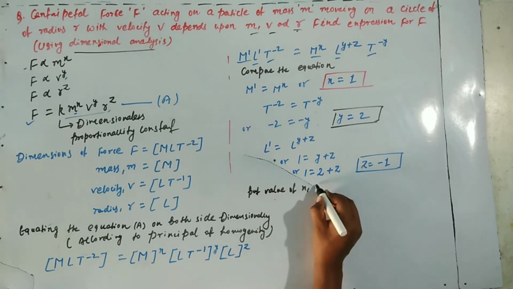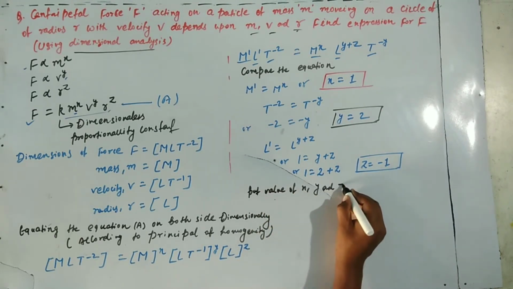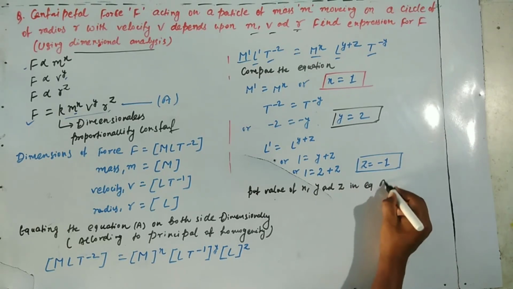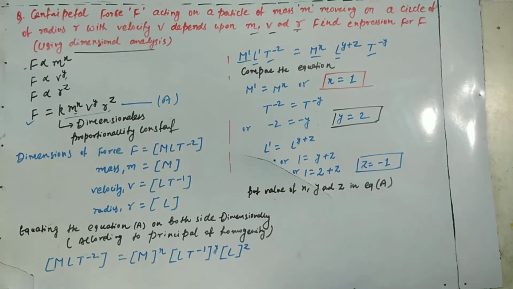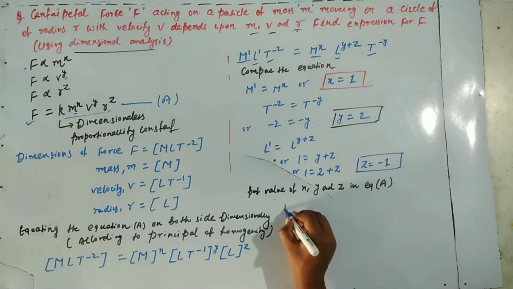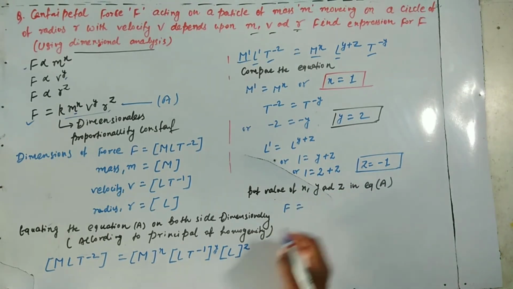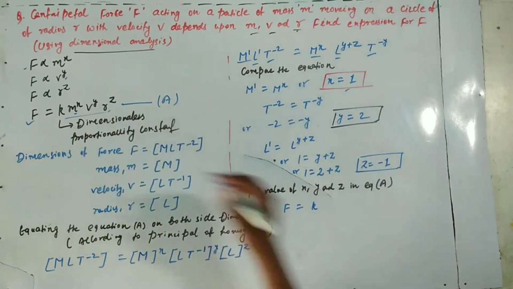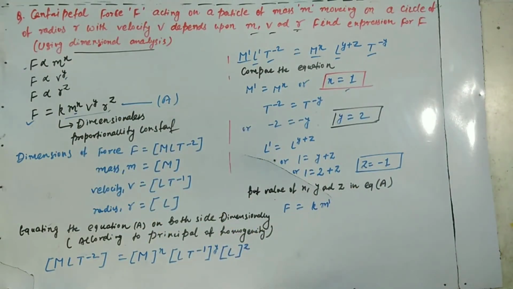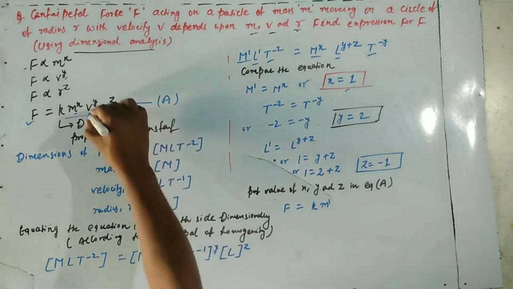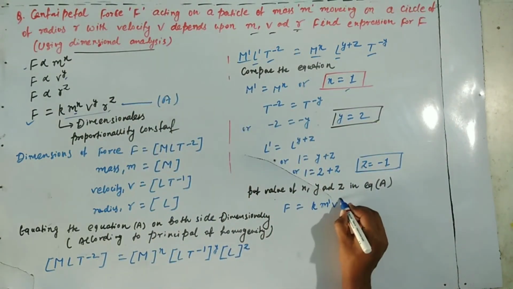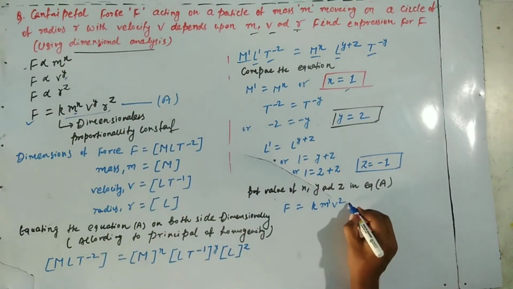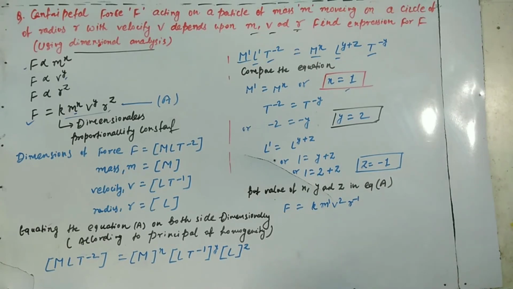Now we put the values of x, y and z in equation A. Then we find the equation of F. So we put the values of x, y and z in equation A. Therefore F equals k into m to the power 1, here the value of y is 2, into v to the power 2 into r to the power minus 1.